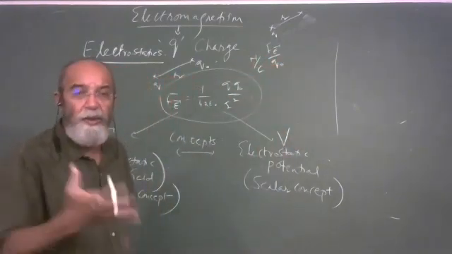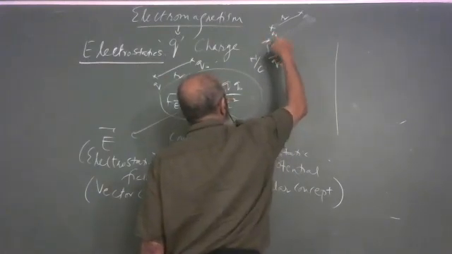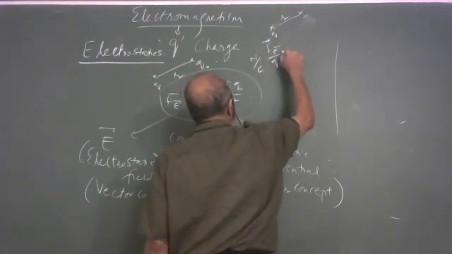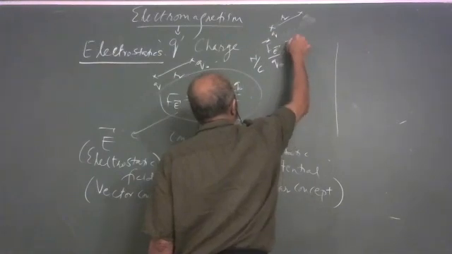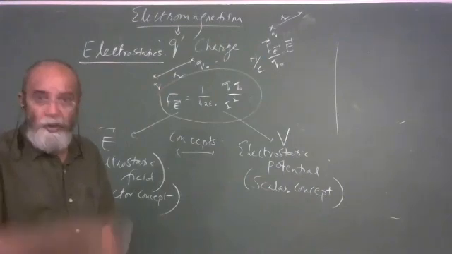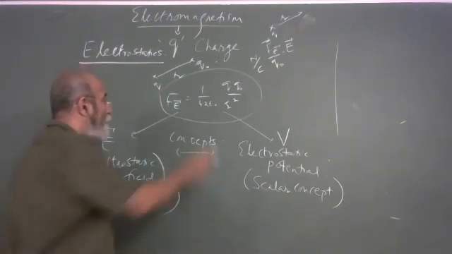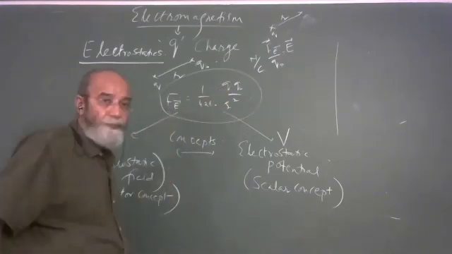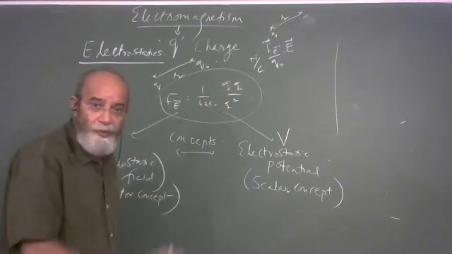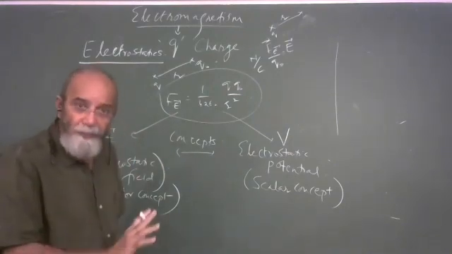I've created a new entity. Because this is a vector and I'm dividing it by a scalar, I got rid of it on the right side. I pulled it out from here, I put it there. I created a new physical quantity, the electric field, the electrostatic field.